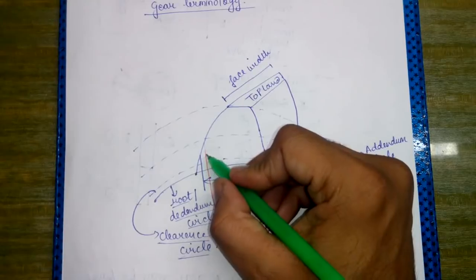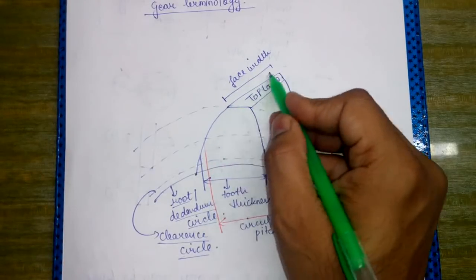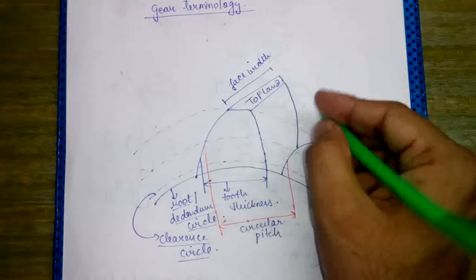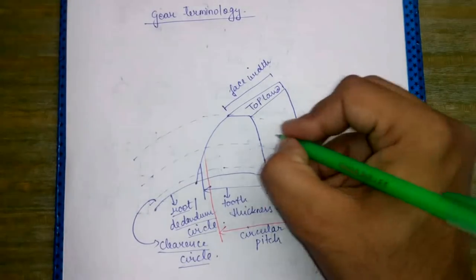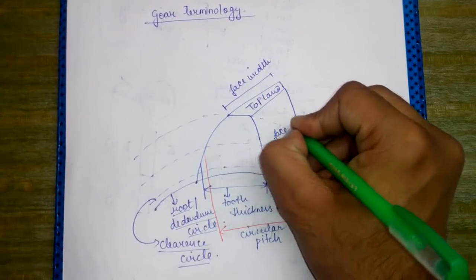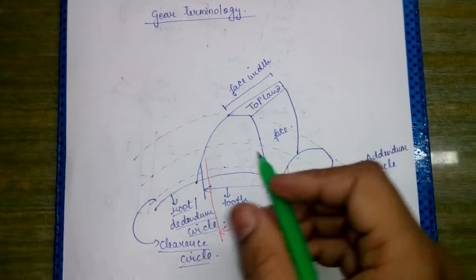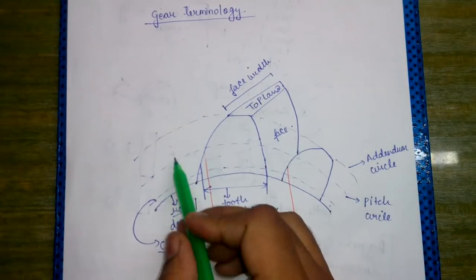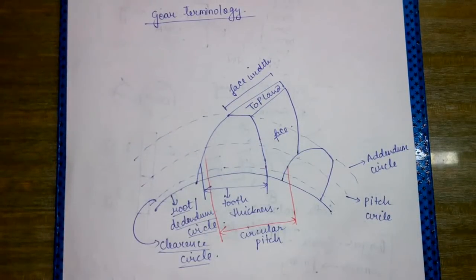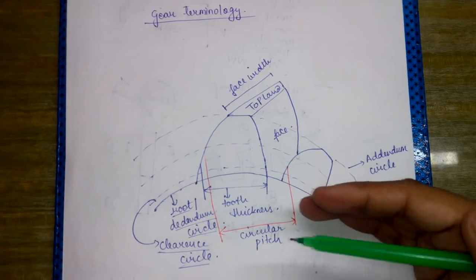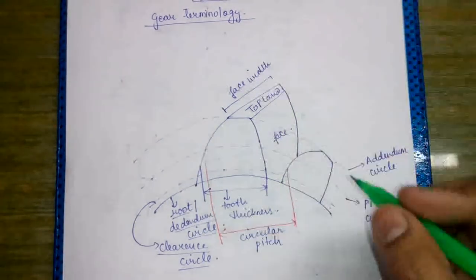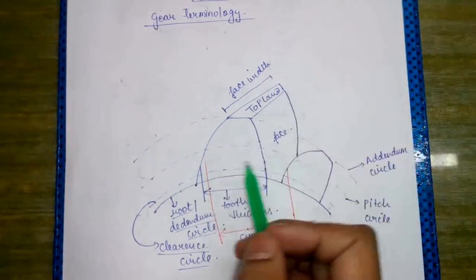And this we have already discussed, that this is the face width, this is the top land, this is called the face. And very important is to remember the order of the circles. So we first have the dedendum circle, then clearance circle, then pitch circle, then base circle. Okay, and this is the face width.